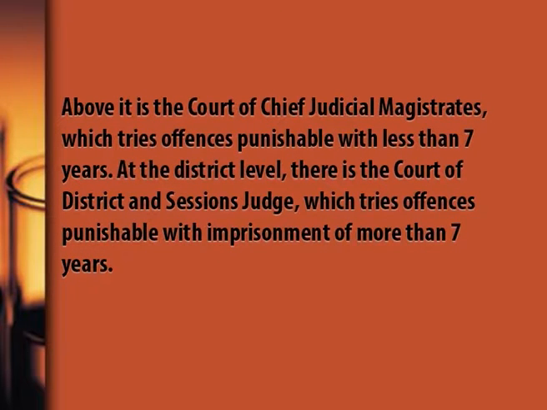Above it is the Court of Chief Judicial Magistrate, which tries offences punishable with less than 7 years. At the district level, there is the Court of District and Sessions Judge, which tries offences punishable with imprisonment of more than 7 years. In fact, the code specifically enumerates offences which are exclusively triable by the Court of Sessions.